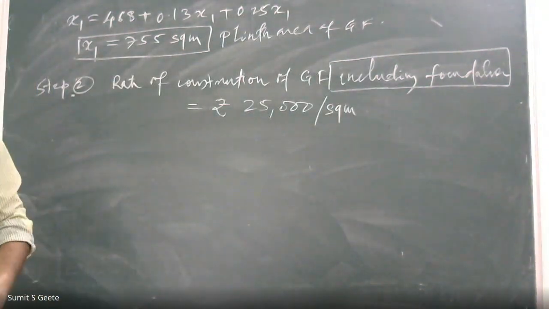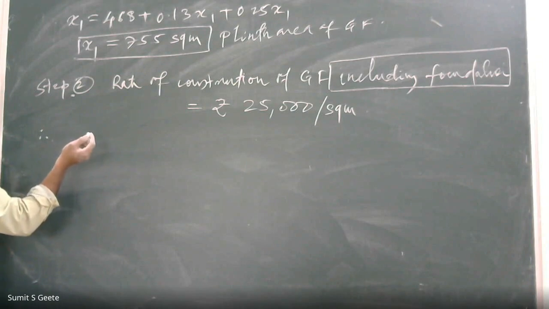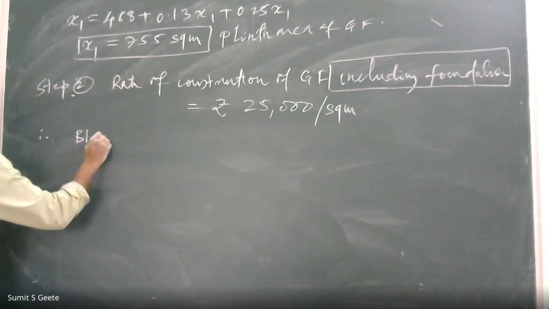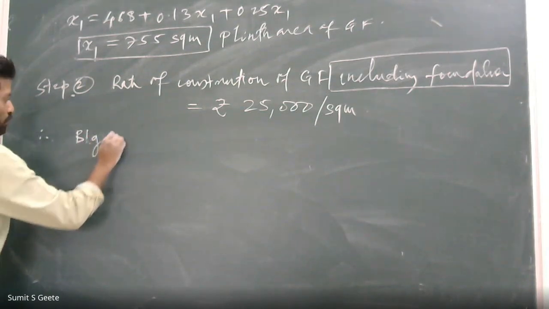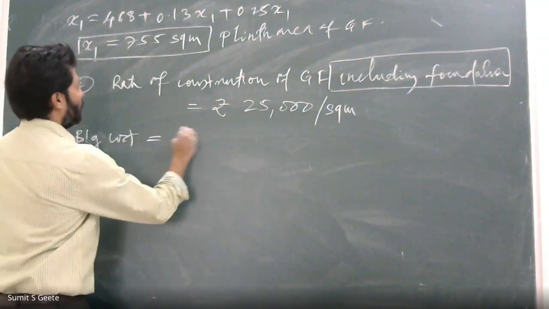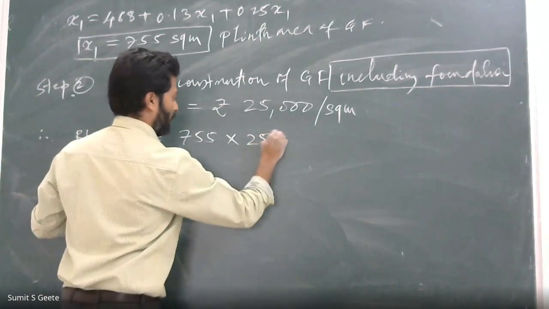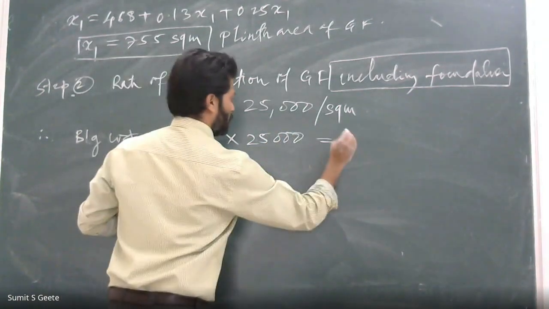So write down first. Building cost is equal to what? 755 multiplied by 25,000.